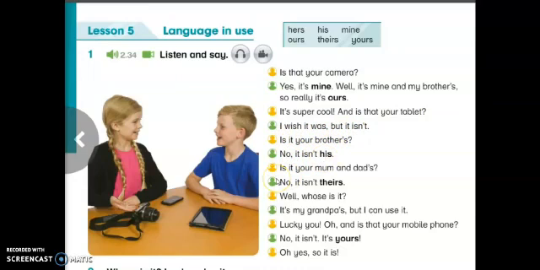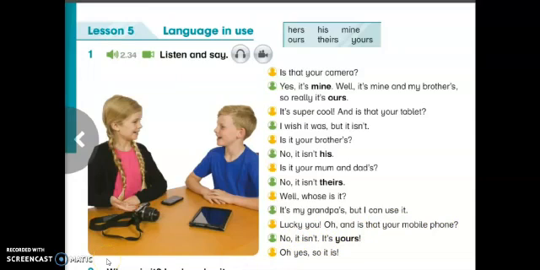Is it your mum and dad's? No, it isn't theirs. Well, whose is it? It's my grandpa's, but I can use it. Lucky you. Oh, and is that your mobile phone? No, it isn't. It's yours. Oh yes, so it is.